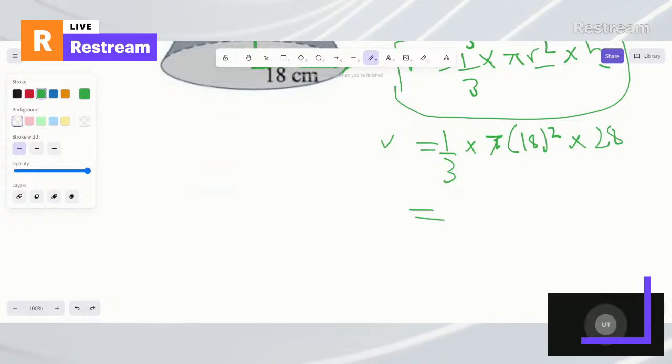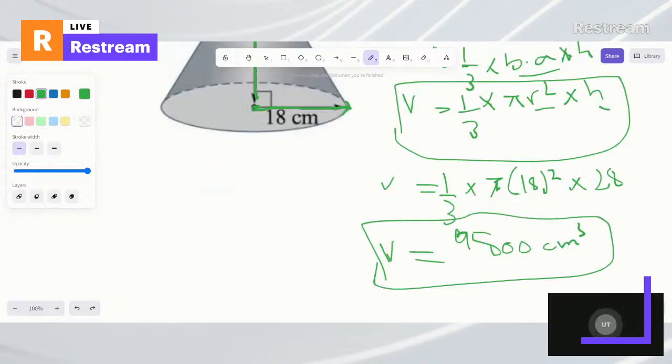So we get a volume of around 9500, right? So that's 9500 cubic centimeters. So that's the volume.